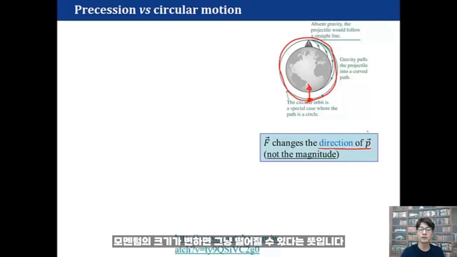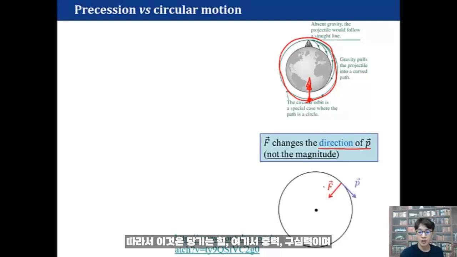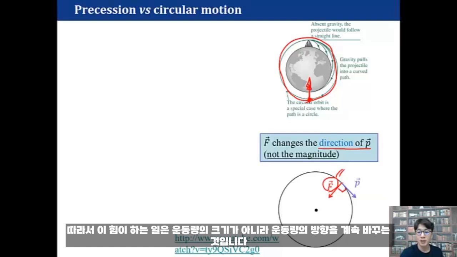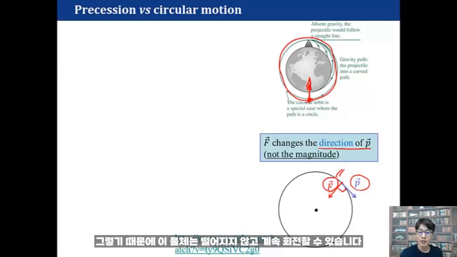If the magnitude of the momentum changed, it could just fall, right? So this gravitational force here is the centripetal force, and it's always perpendicular to the velocity. What this force does is keep changing the direction of the momentum, not the magnitude. That's why this object can keep rotating without falling, okay?